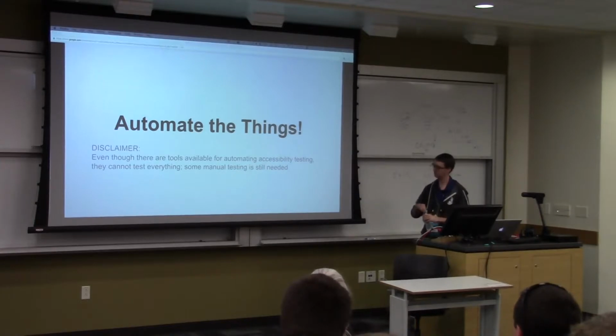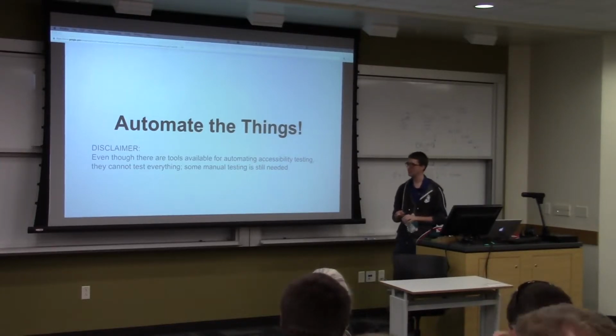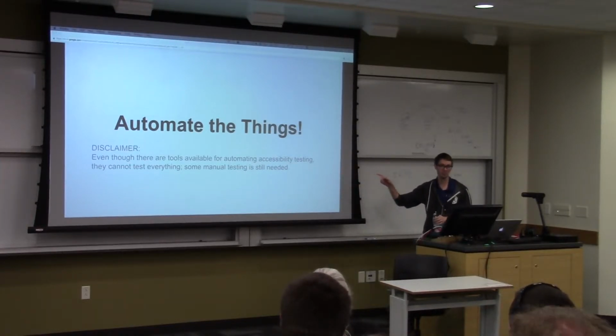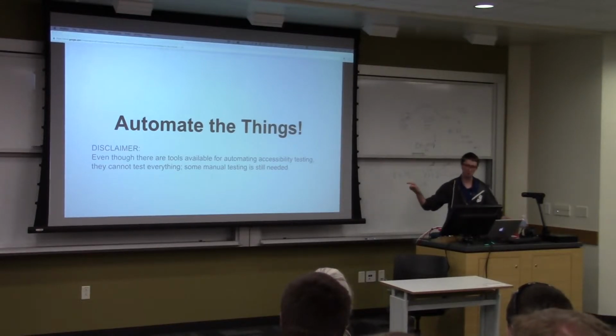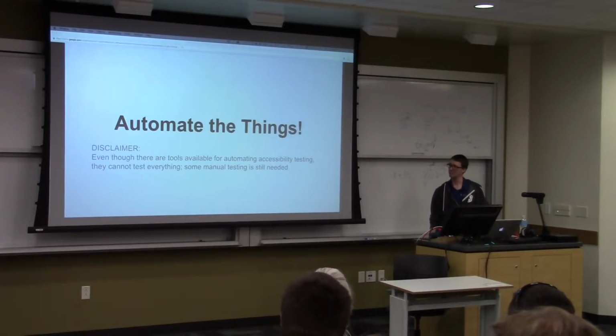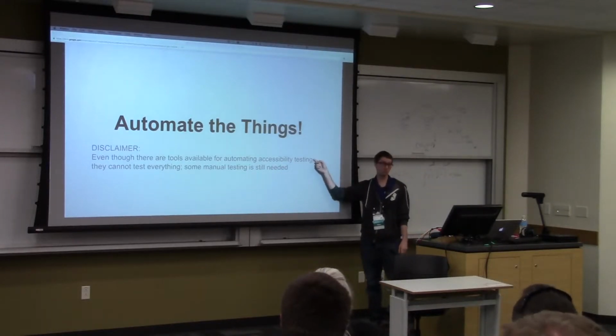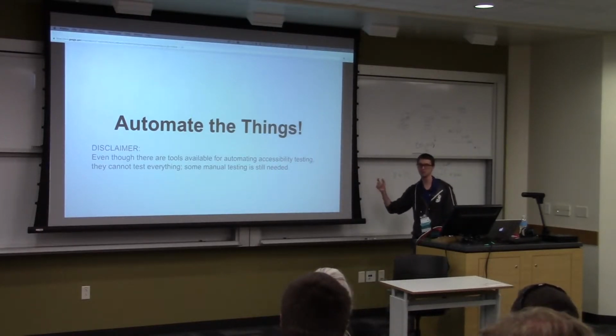So disclaimer, even though there are some great tools, this is not to fully replace manual testing. With automation, it'll cover a lot of things, but as far as making sure that everything's accessible, accessibility testing, a lot of it's subjective and it's related to your context.